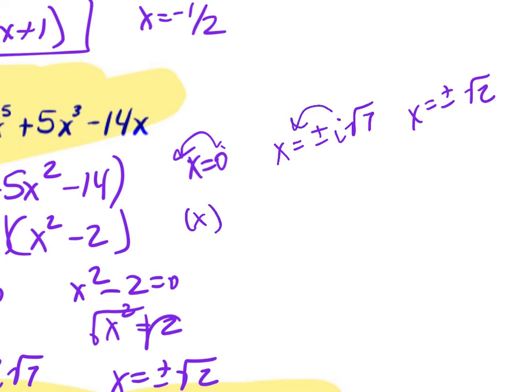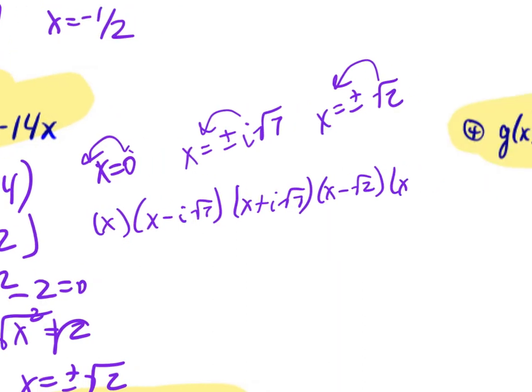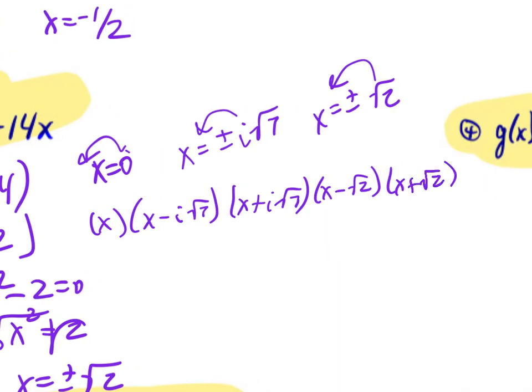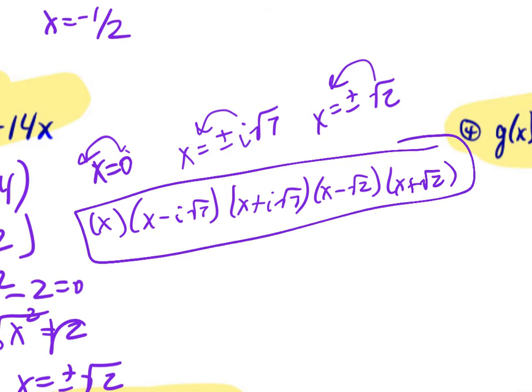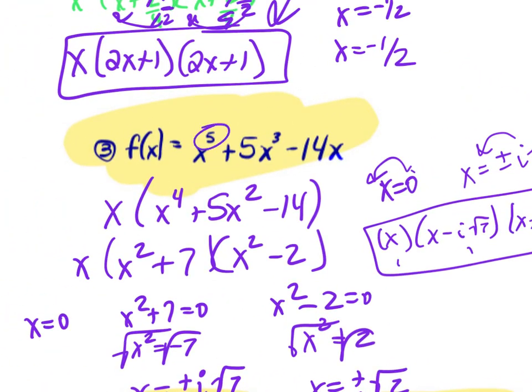When I take this and move backwards, I'm going to have x minus i root 7 and x plus i root 7. And when I take this and go backwards, I'm going to have x minus root 2 and x plus root 2. So there's a variety of answers that you're going to get, guys, but I want you to understand, look, I have 1, 2, 3, 4, 5. If I go back to my original, 1, 2, 3, 4, 5. Okay?